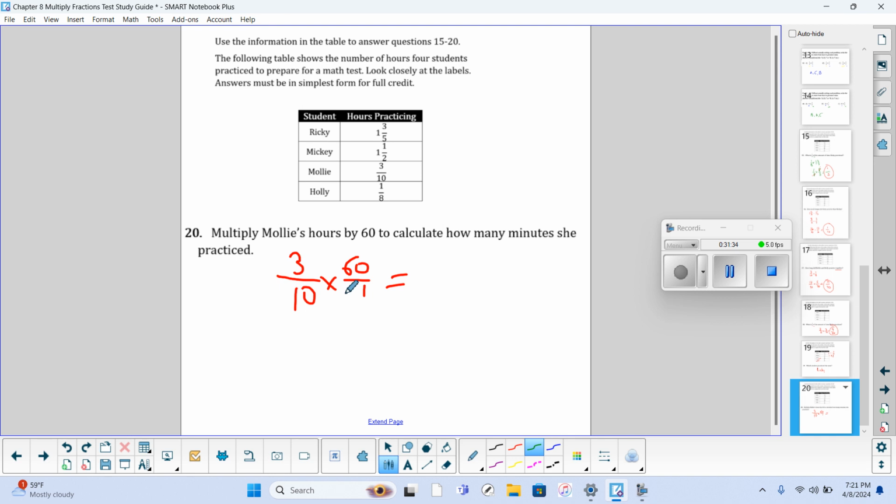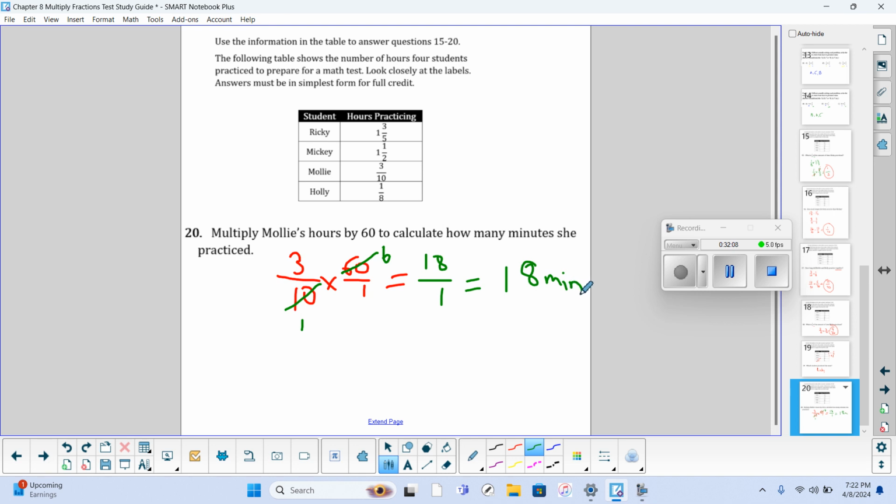Before we multiply this, well, 60 and 10 have a common factor, the 2, 5, but I would use 10. 10 goes into 10 1 time. 10 goes into 60 6 times. So my numerators are 3 times 6, which is 18. And denominator is 1 times 1, which is 1. So 18 over 1 means she practiced for 18 minutes.